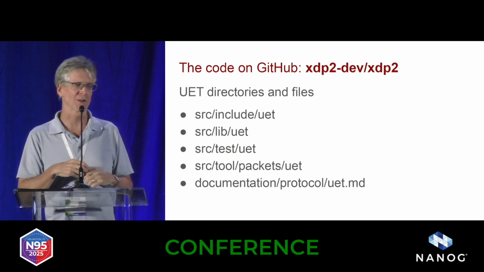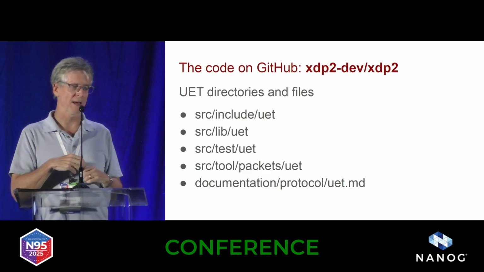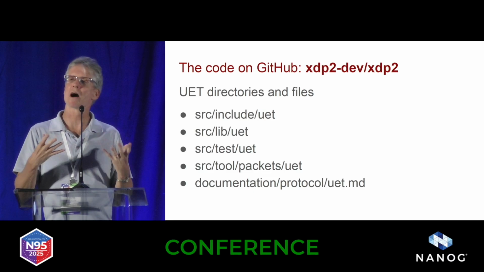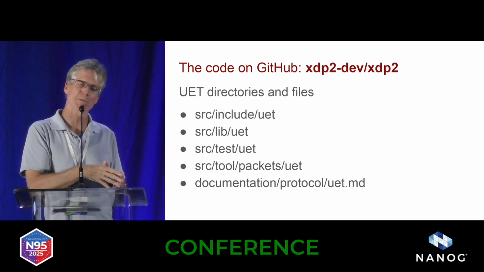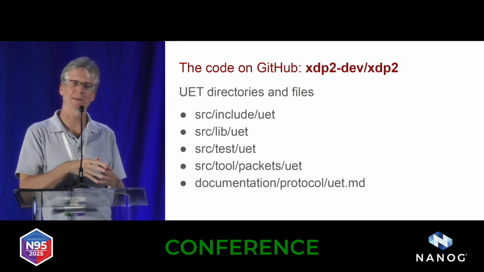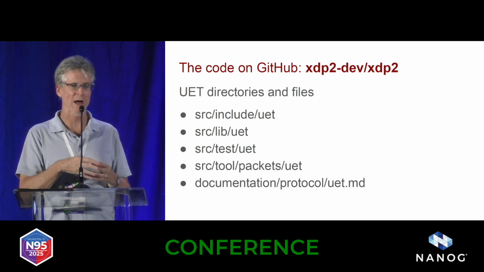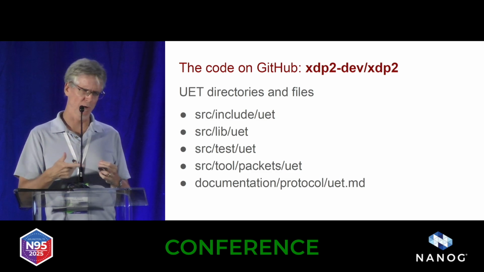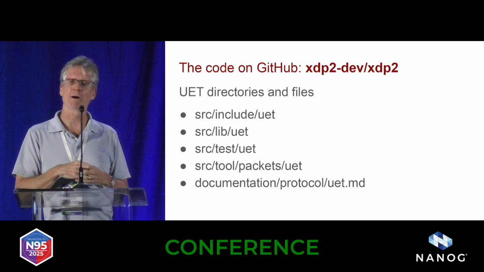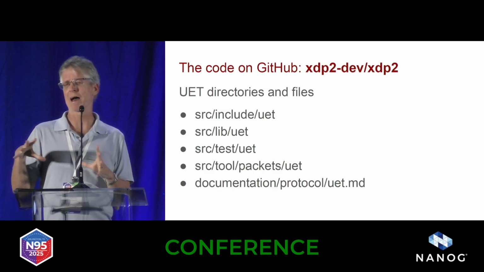We'll actually be pushing a lot more to deal with the protocol in a bit. We have some tests. Right now, we can test sending all the different packet types and receiving them, which again is very enlightening. One of the nice things is a source of tool packets: we have a couple of Python scripts that can generate various UET packet formats.